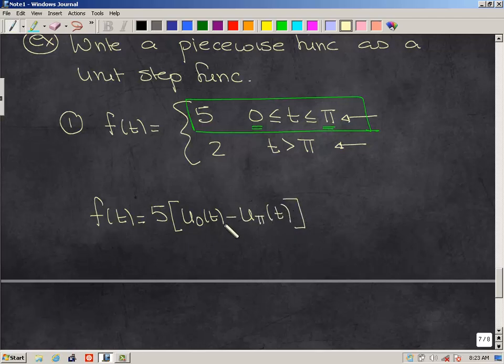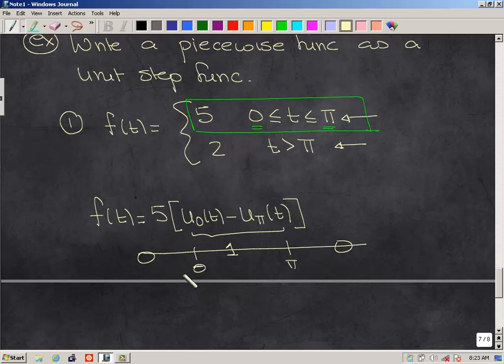Now before I go any further, let's check this. According to what I gave you earlier, whenever we take the difference of two step functions, it's going to be on between 0 and pi, and everywhere else it's going to be 0. So between 0 and pi it's going to be 1, and everywhere else it's going to be 0.